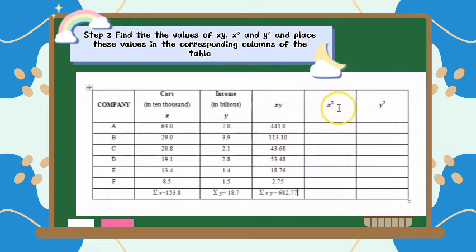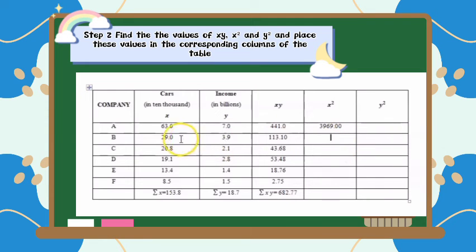To find the value of x squared, we square these values. So 63 squared equals 3,969.